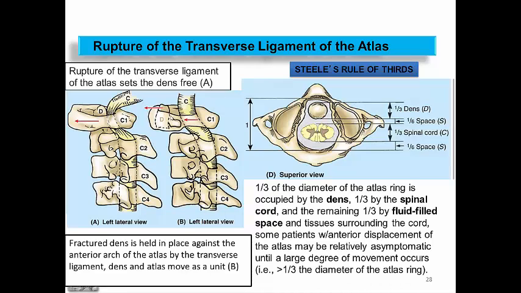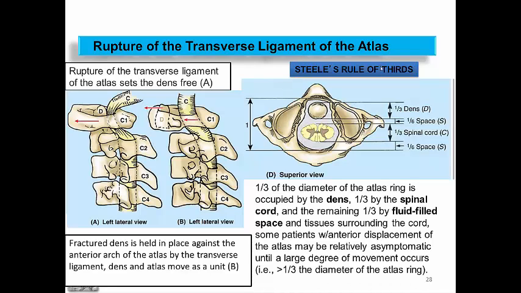It is also possible to fracture the dens and keep the transverse ligament of the atlas intact. In that case you would have the dens held fixed against the anterior arch of the atlas, which would then allow the atlas and the dens to move together as a unit. Interestingly, some patients that have anterior displacement of the atlas might be quite asymptomatic. And the reason for this is Steele's rule of thirds.